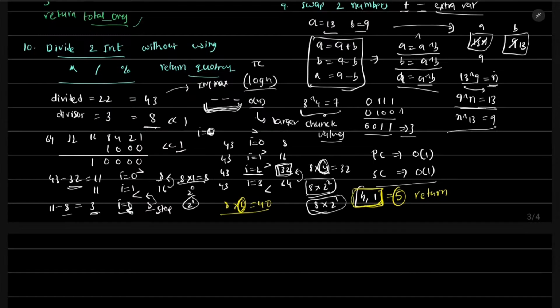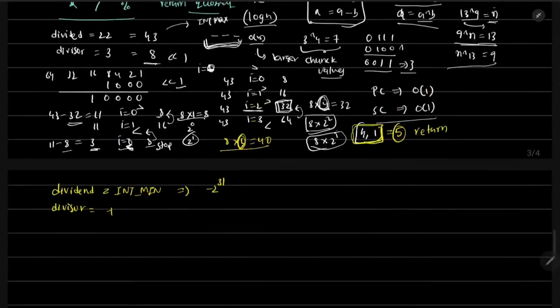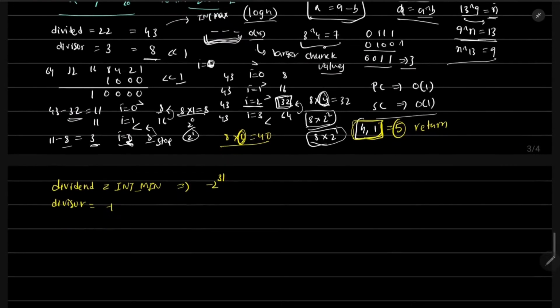Now there are some edge cases we need to take care of. What if the dividend is equal to int minimum and the divisor is equal to minus 1? You see this is minus 2 power 31, and this is minus 1.